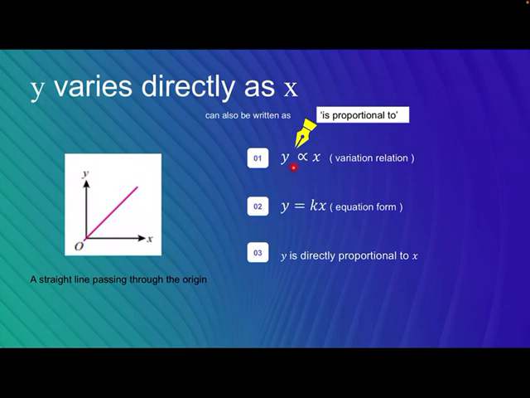This one we call the variation relation. Next, we change the proportional symbol into equals k, so now we have y equals kx. The first one we call the variation relation, and the second one we call the equation form.